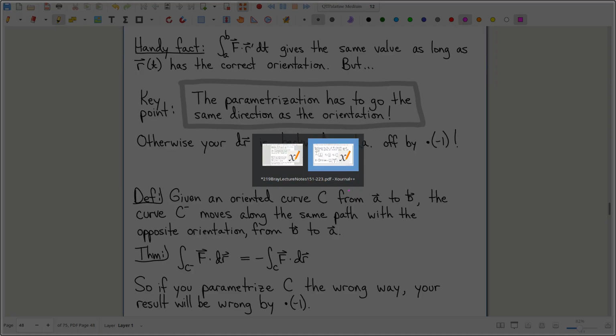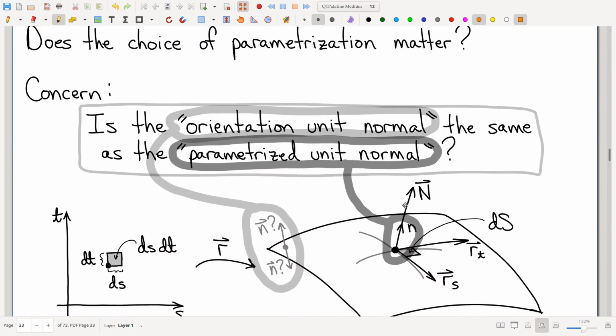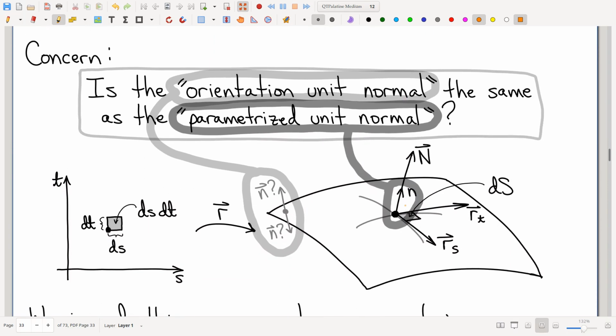Okay, well, we have a very similar issue in play with surfaces. It's just harder to see. The nice thing about curves, if you parameterize a curve, it's pretty clear just from however you got that parameterization, you can kind of tell which direction that parameterization is going. And it's usually pretty clear, therefore, whether you've parameterized the correct direction.